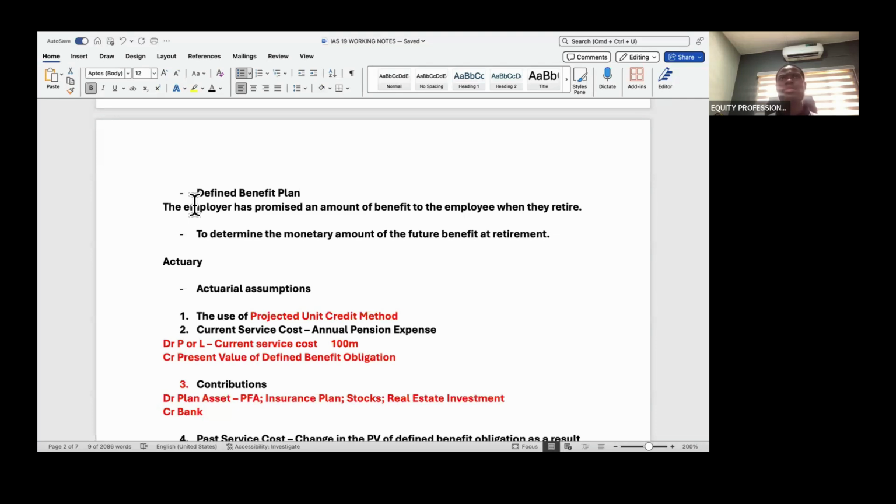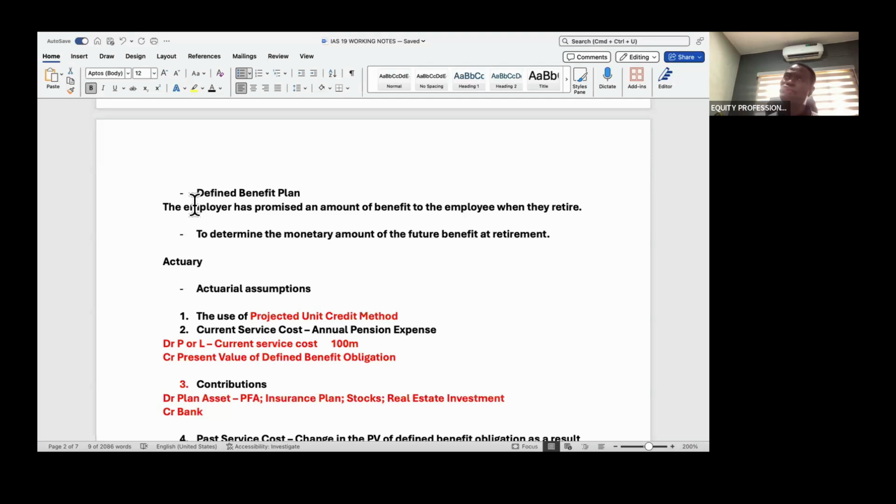Because the benefit might not come in the form of, okay, we'll give you money. It could come in the form of, okay, we'll provide housing for you, or we'll pay your child's school fees, or we'll ensure that you get your final salary as your pension every month. It's not something direct, so it requires some kind of valuation, knowing how much the benefit would be.